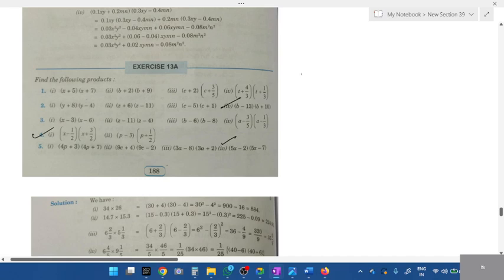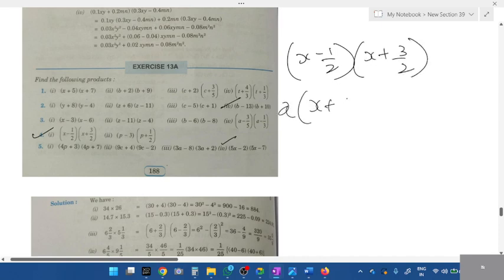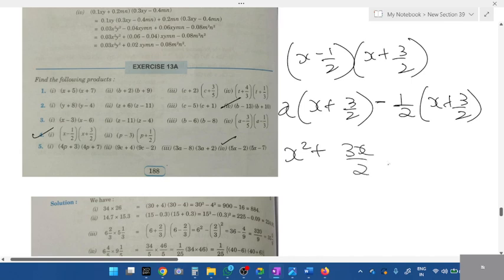Next, x minus 1 by 2, x plus 3 by 2. Both are different. Take x out. x into x, x square plus 3x by 2 minus x by 2.